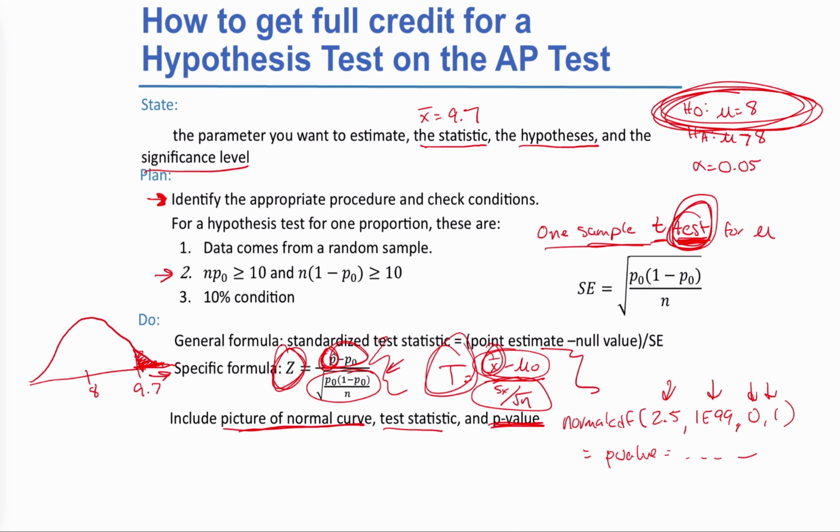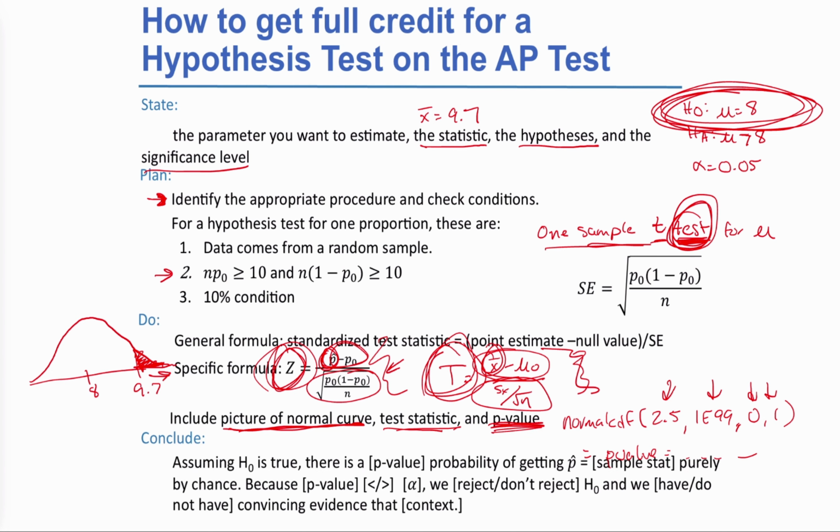So, your do step should show all of your work and include a picture of the normal curve, the test statistic, which is the t or the z, and the p-value that you get. And then your conclusion: assuming that the null is true, there is a p-value probability of getting p hat or x bar equal to your sample statistic purely by chance.